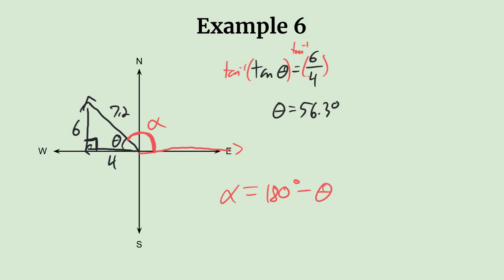Because 180 degrees is this here, a straight line. We subtract out theta here, and that leaves us with alpha. So 180 minus 56.3 degrees gets us roughly 123.7 degrees.